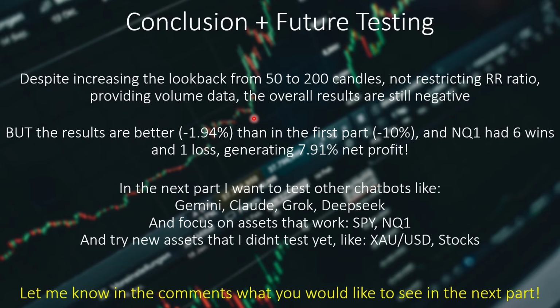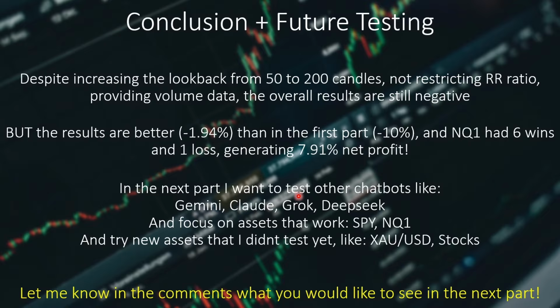Now let's talk about the conclusions and future testing I'm planning to do. So despite increasing the lookback from 50 to 200 candles, not restricting the risk-reward ratio, and providing volume data, the overall results are still negative. But the results are better, this time around a negative 2% profit, compared to the first part, which gave us a negative 10% net profit. And NQ1 had 6 wins and only 1 loss, generating 8% net profit.